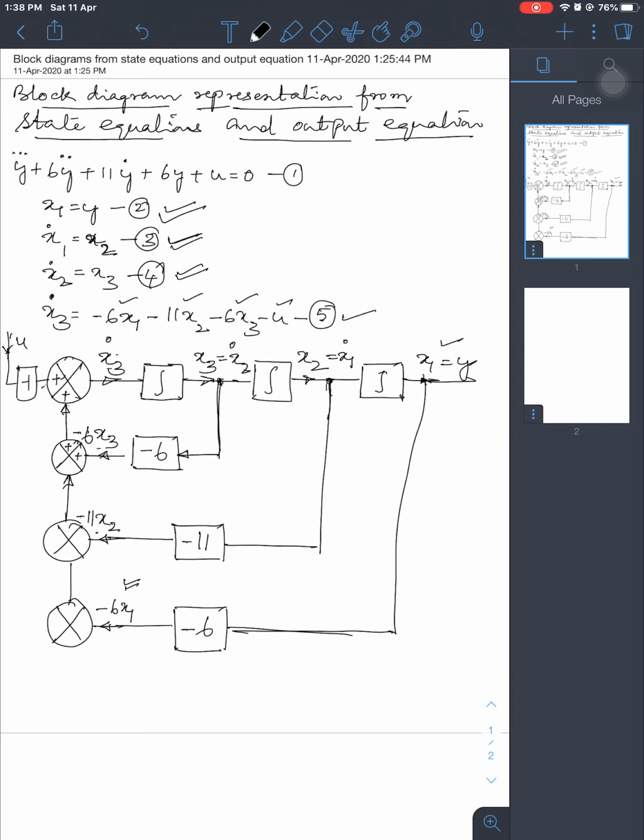They're all getting added up. You are getting x3 dot. When integrated, you will get x3 equal to x2 dot. Integrated, you will get x2 which is equal to x1 dot. Another integration will give you x1, that's equal to y. This is the block diagram of the given system.